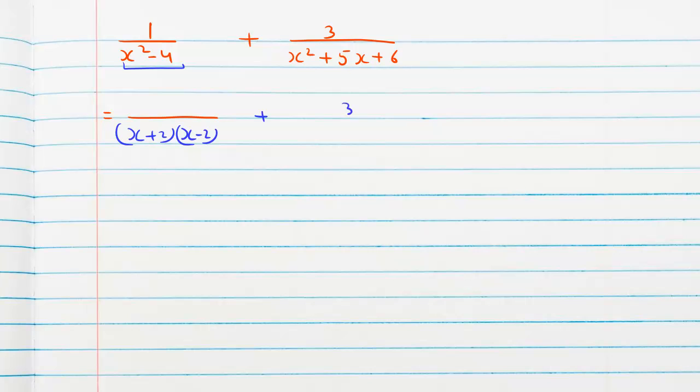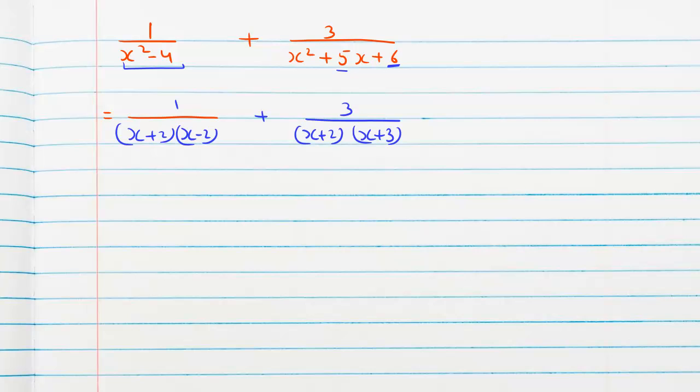Okay, plus we have 3 over here, this is 1 over, now remember, we need to factor two numbers whose product will be 6 and sum will be 5. So the numbers are clearly 2 and 3. 2 times 3 is 6, 2 plus 3 is 5. So x plus 2 times x plus 3.